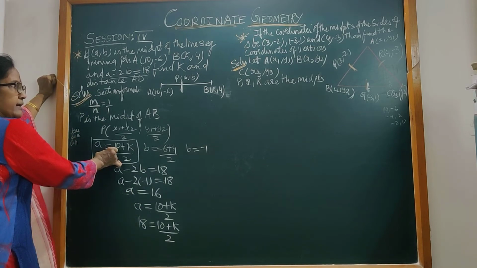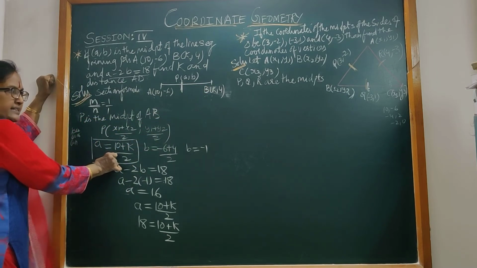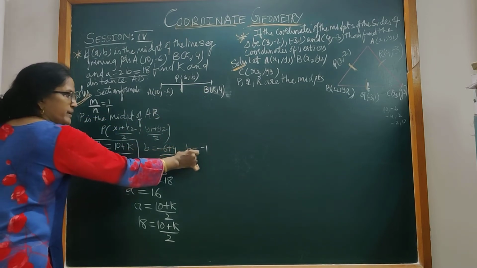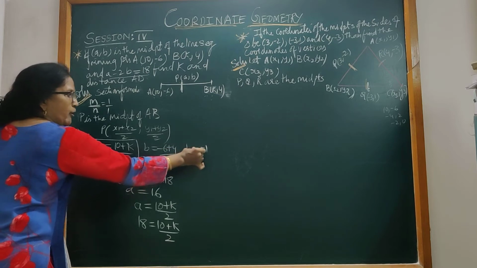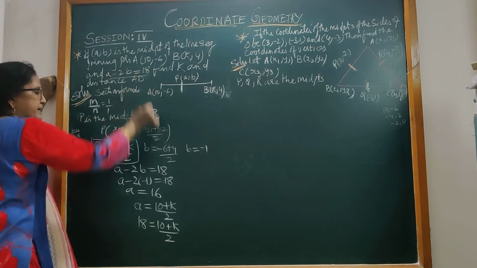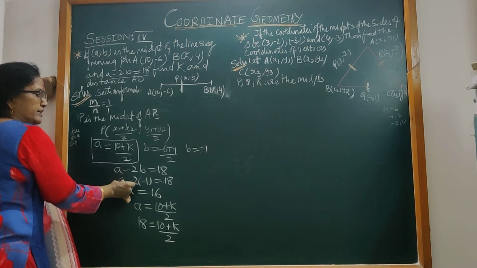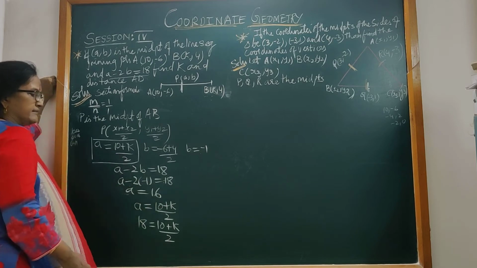Again I am repeating. a is equal to 10 plus k upon 2. We got the value of b as minus 2 upon 2, that is minus 1. We replace the value in a minus 2b is equal to 18, that is a minus 2 into minus 1, that is plus 2. a will become 16.